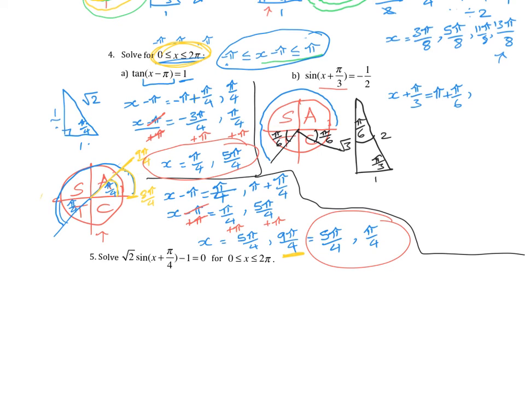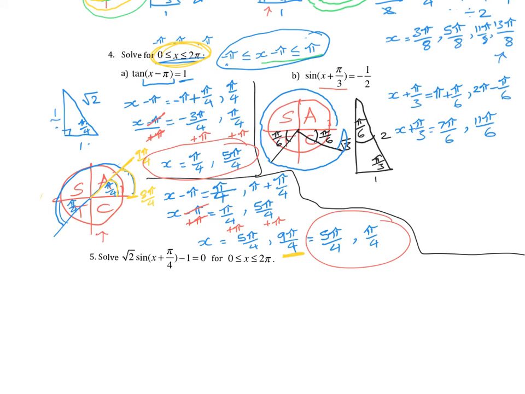And then for my next answer, I've hit the line here, but I don't know what that is, so I'm going to go all the way to 2 pi and then bounce back. Because I'm moving backwards, I'm going to minus. So I'm doing 2 pi minus pi on 6. So we get x plus pi on 3 equals pi plus pi on 6, that's 7 pi on 6, and then 12 pi on 6 minus pi on 6 is 11 pi on 6.